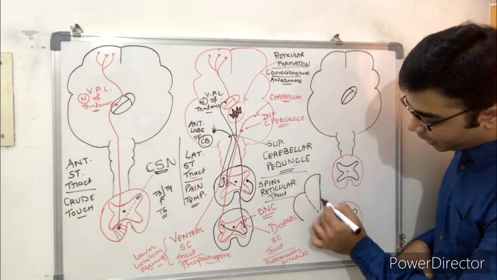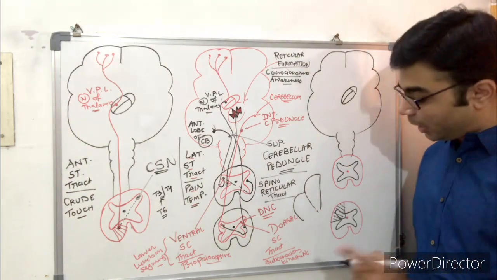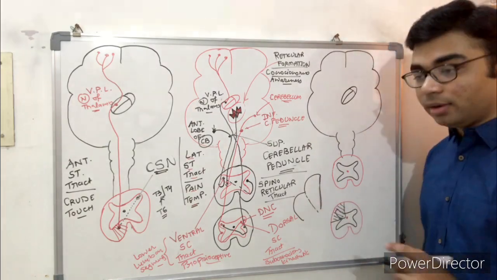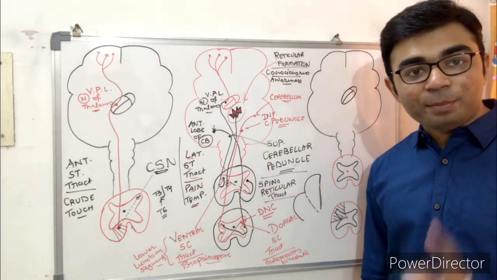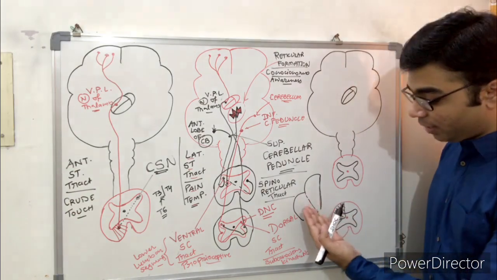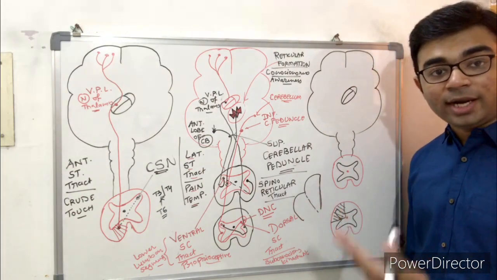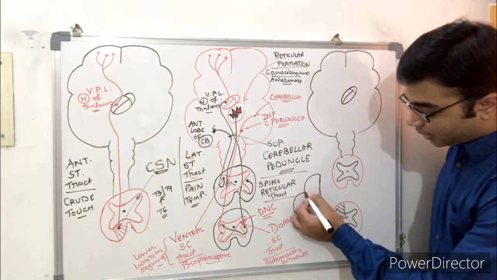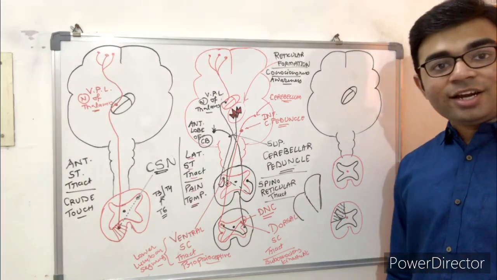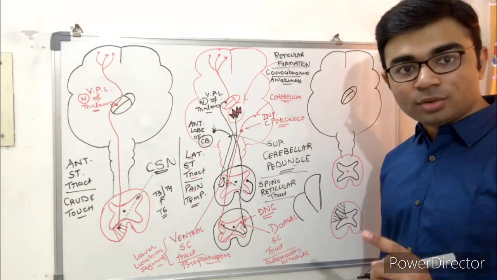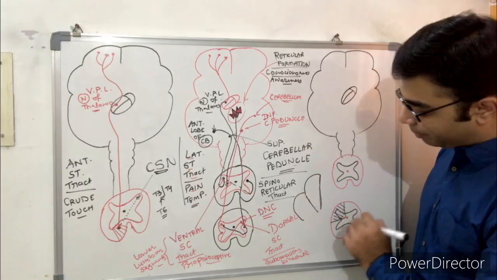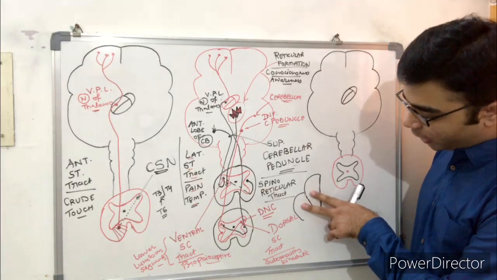So in this area, remember I explained that this septum is known as the posterior median septum, which divides the posterior white column into right as well as left halves. This is known as the posterior intermediate septum, which creates two areas.